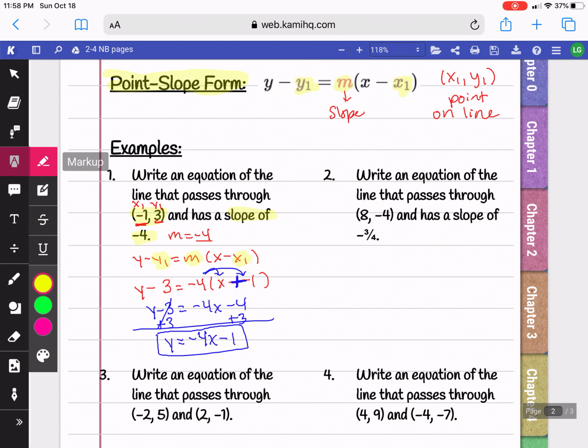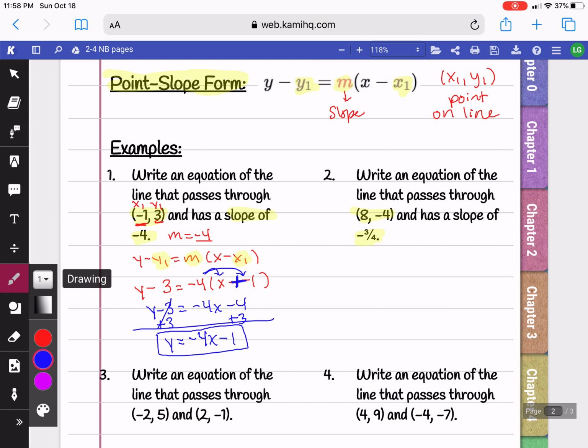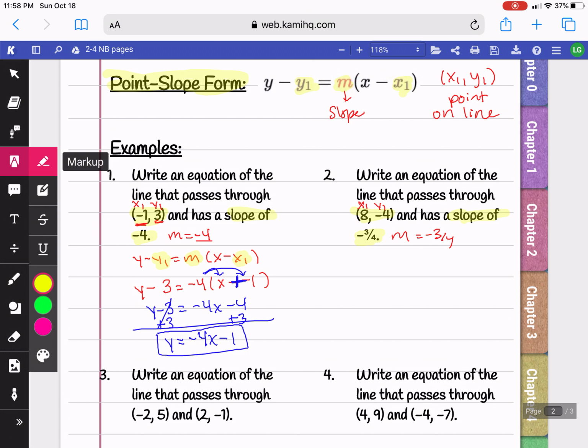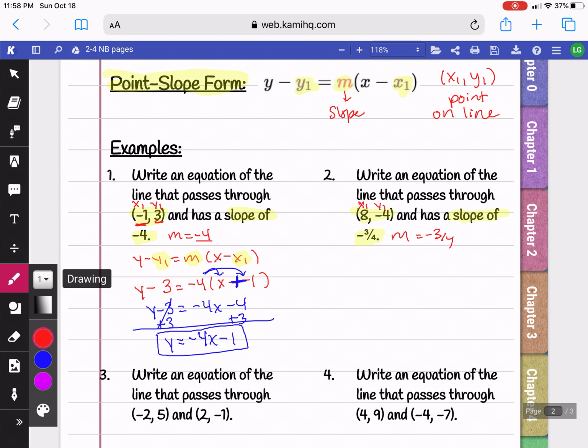Our next problem, they give us a point of 8, negative 4 and a slope of negative 3/4. So here again, they gave us an x1, y1, and our slope is negative 3/4. Now I can plug this into my point slope formula.